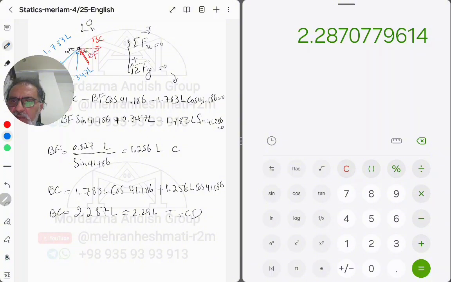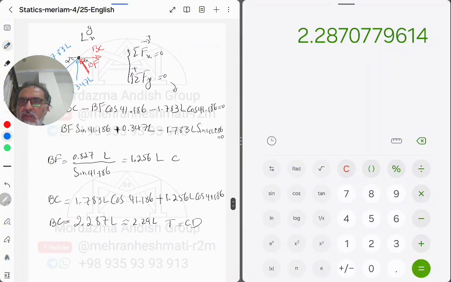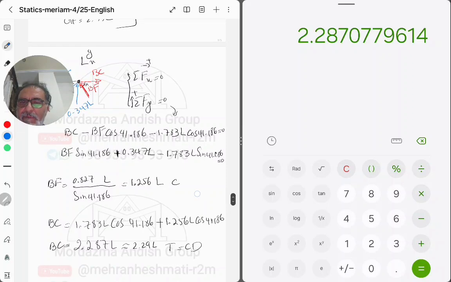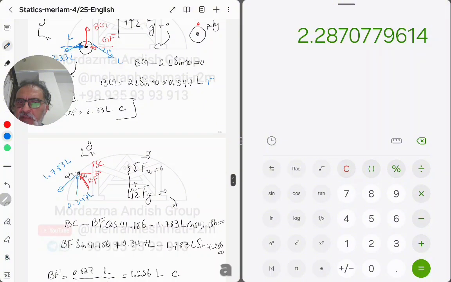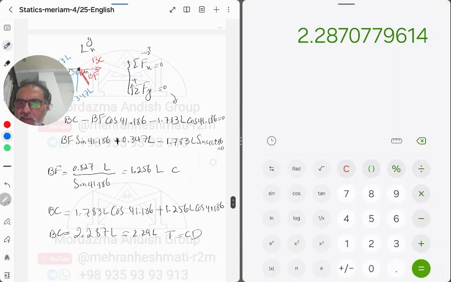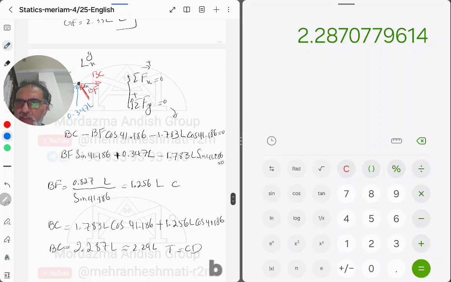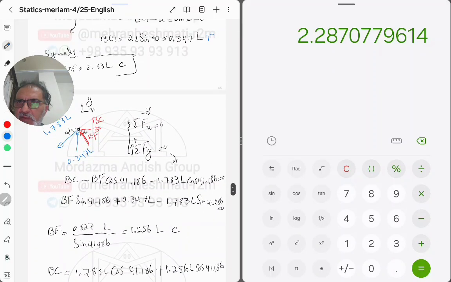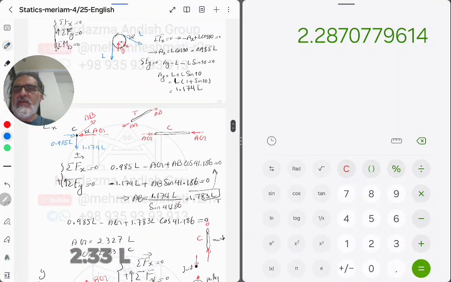But GF, where is GF? BG, GF. Okay, 2.33L compression.